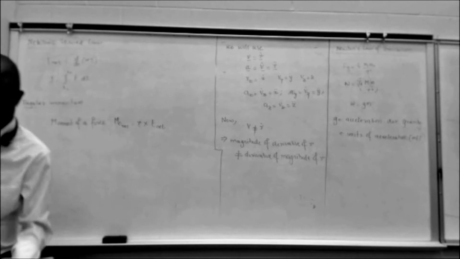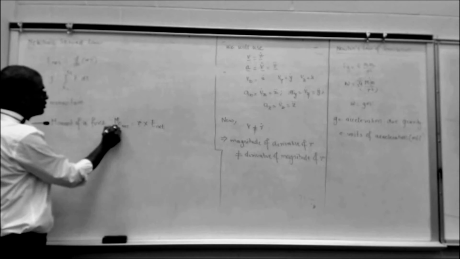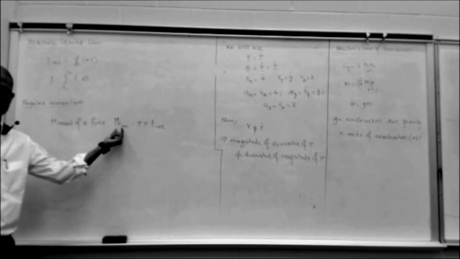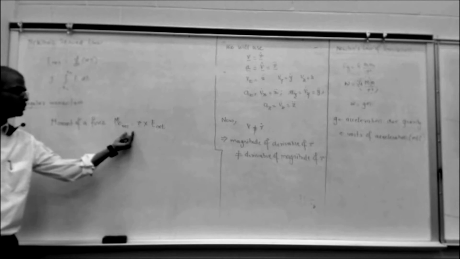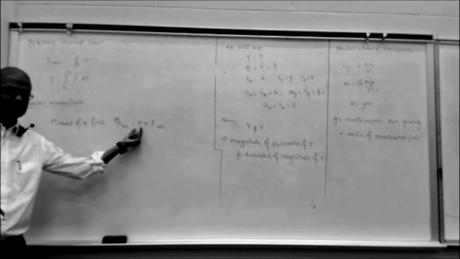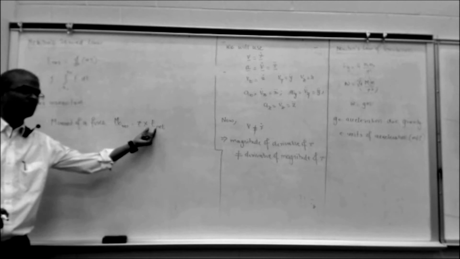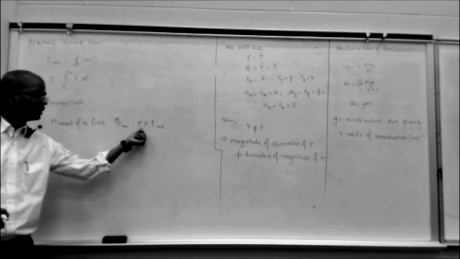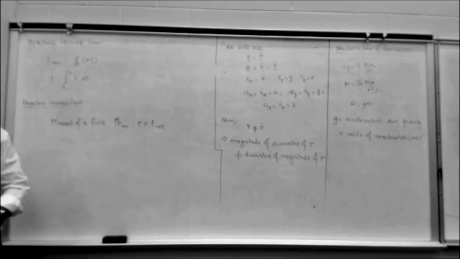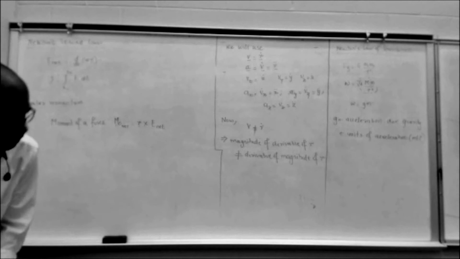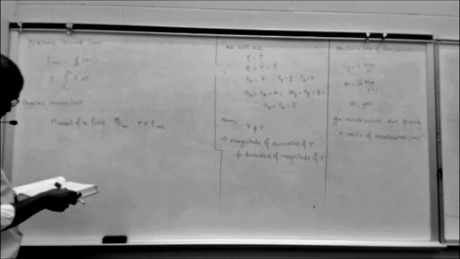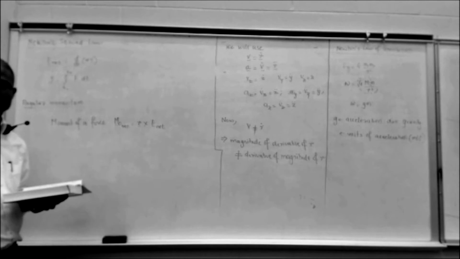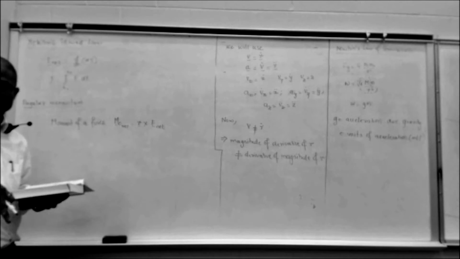So moment of a force, the way you read this is the net moment about point O is equal to the distance r crossed with the force. Okay, this is not a multiply sign. When we are dealing with vectors, we cannot use multiplication or division. We have to use dot products and cross products. Okay. Its moment is R cross F, right?